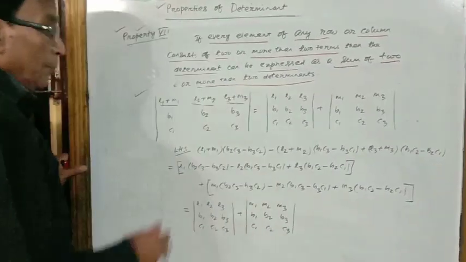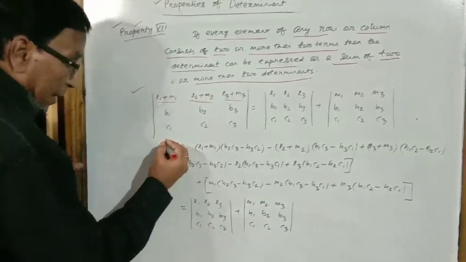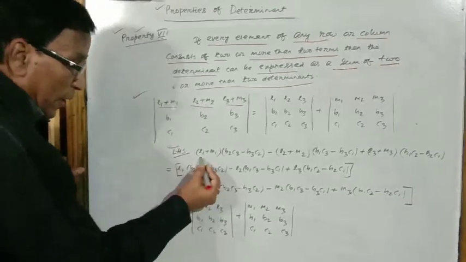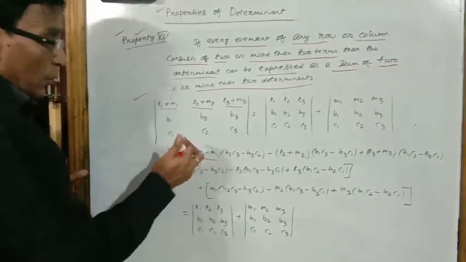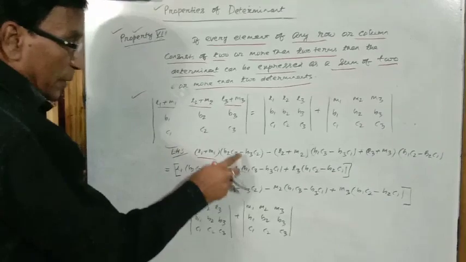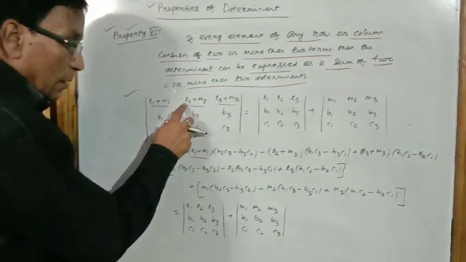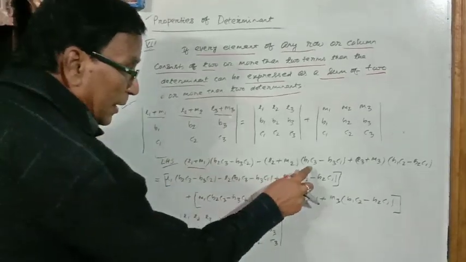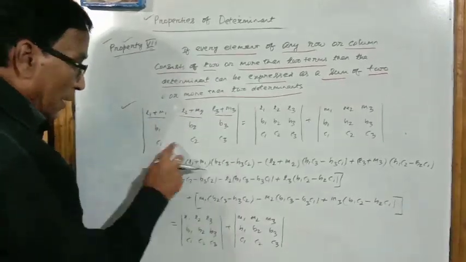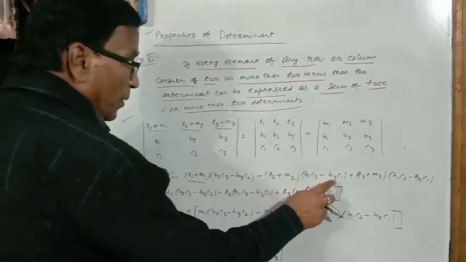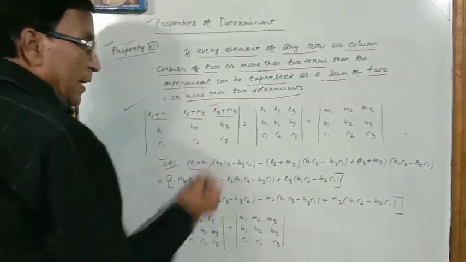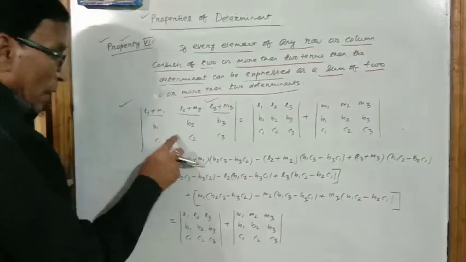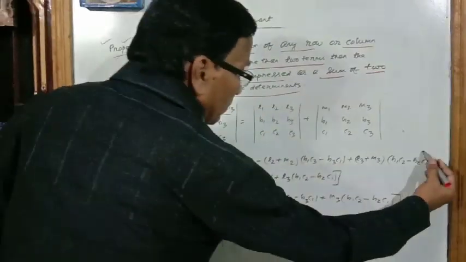So here we will take the left hand side, and what is the value of this determinant? It is L1 plus M1 into B2C3 minus B3C2, minus L2 plus M2 into B1C3 minus B3C1, plus L3 plus M3 in whole into B1C2 minus B2C1.